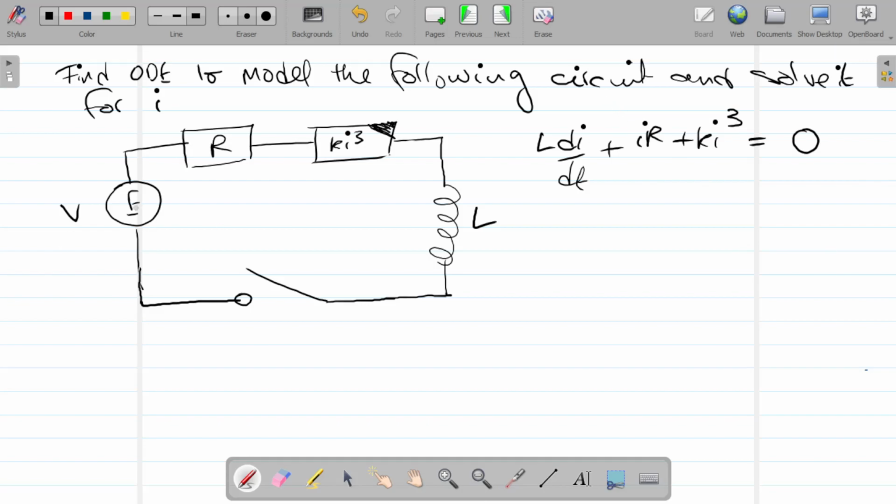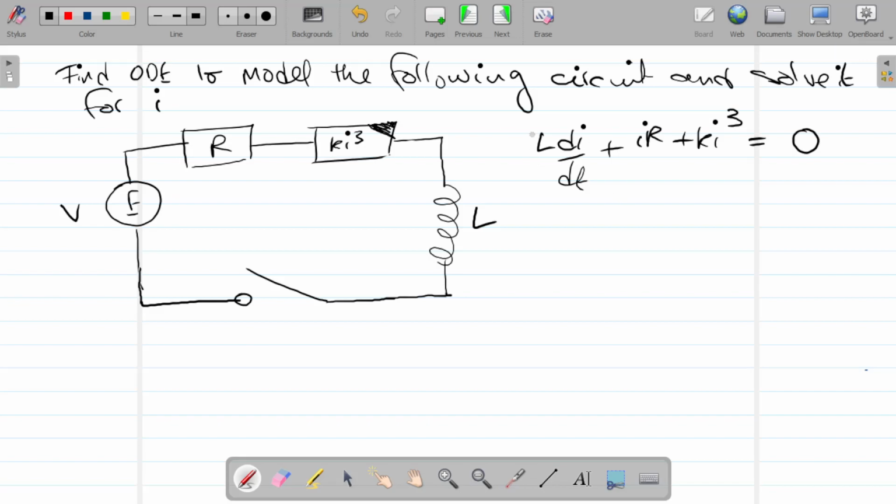So we have a voltage source, a resistor, an inductor and the non-linear component, which is depicted by the Ki cubed term here. So it's actually a cubic term, basically.